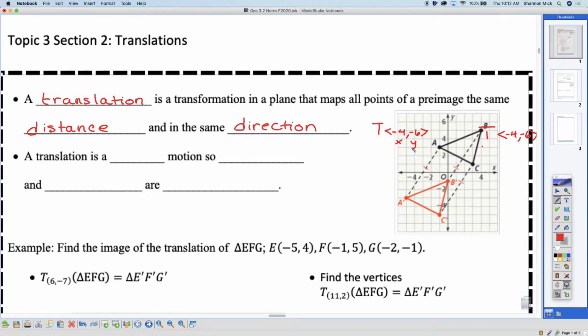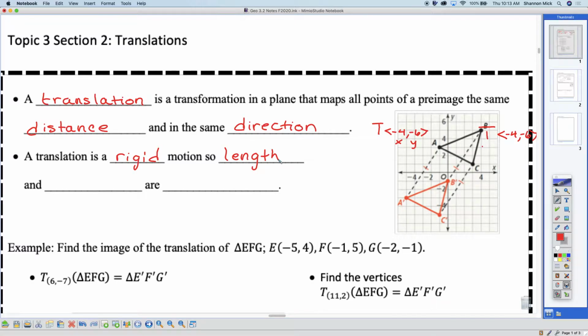So a translation is a what kind of motion? Sliding, but it's a rigid motion. So what stays the same? Size, or length, right? I'm using the same words they have.